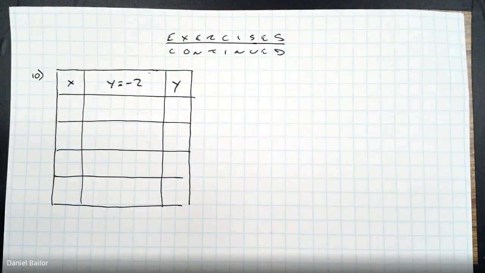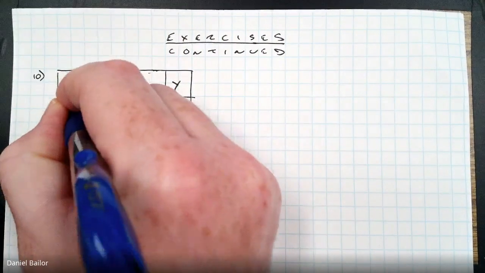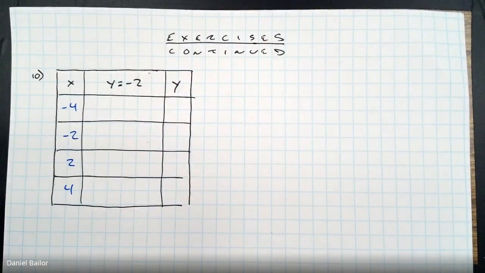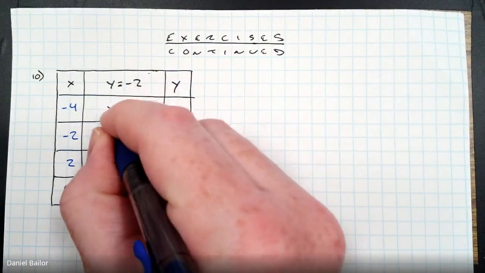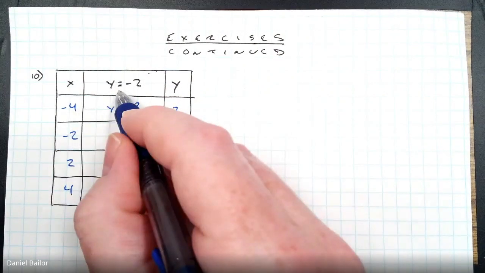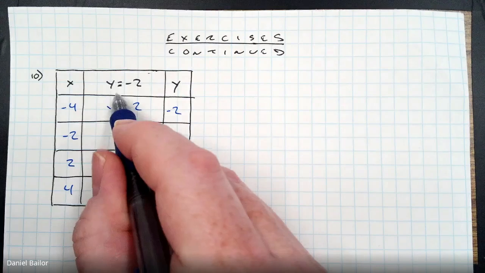So let's start with x's again, and let's just start with the same ones that we used before. What did we use before? We used -4, -2, 2, and 4. Well, when x is -4, y is -2, because there's no x here. What happens when x is -2? It doesn't matter, because x is not here.